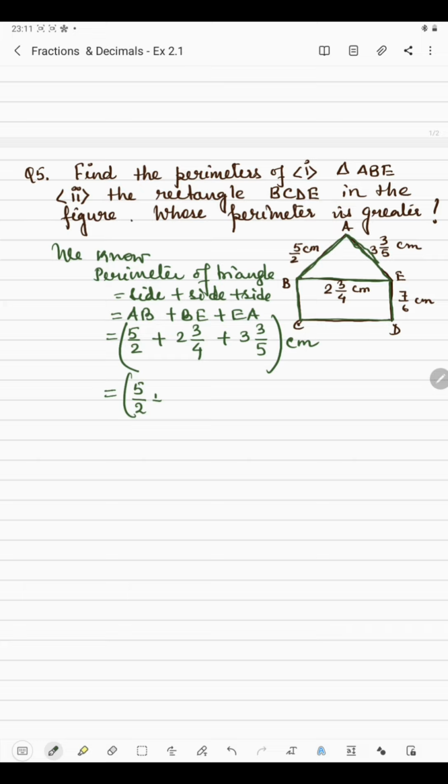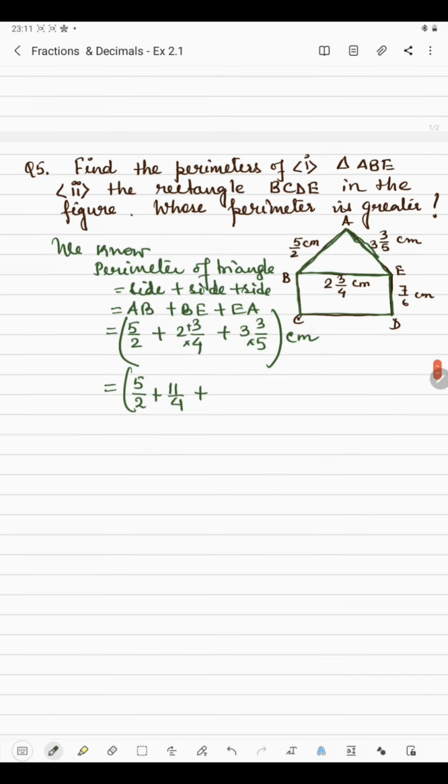So 5 by 2 will remain same. Now 4 2s are 8, 8 plus 3 is 11 by 4. Now 3 5s are 15, 15 plus 3 is 18 by 5. Now we will find the LCM. As you know that we'll make the denominator same, to do the addition.